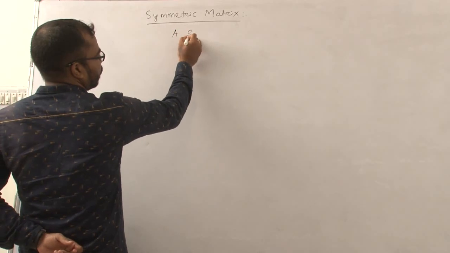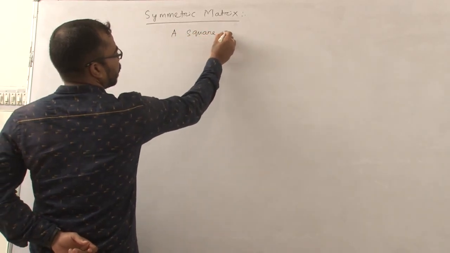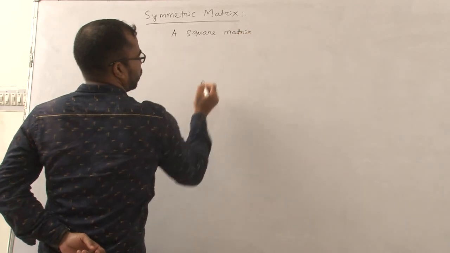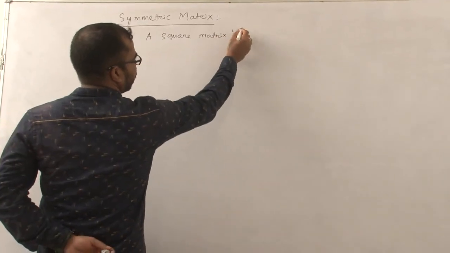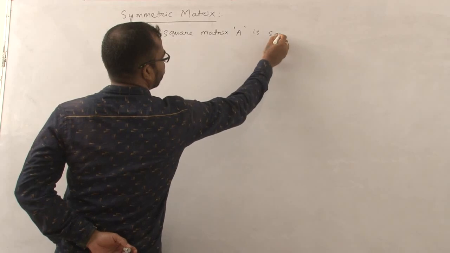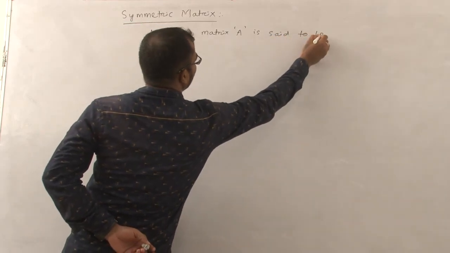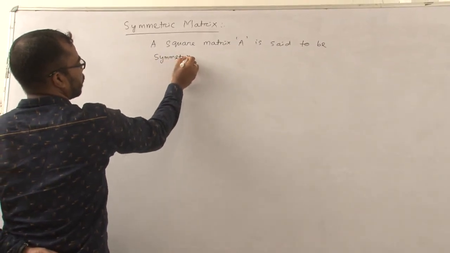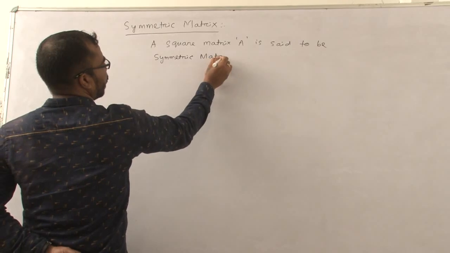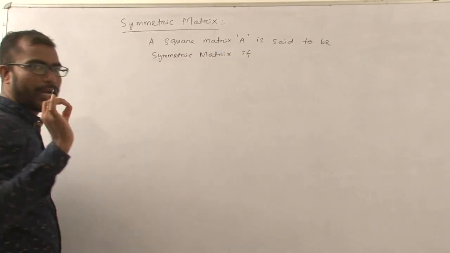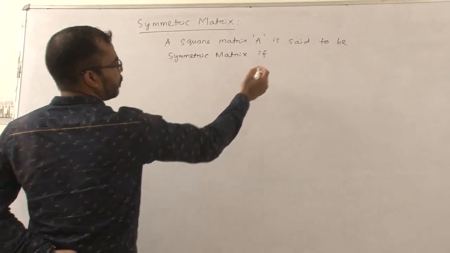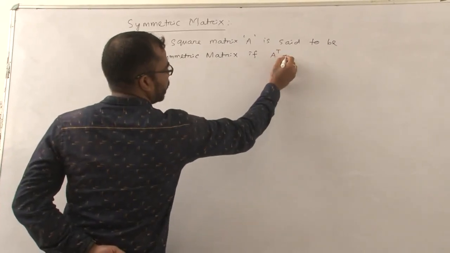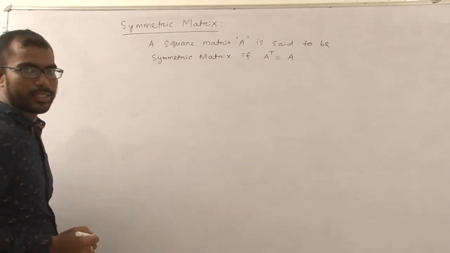So first we have to know what is a symmetric matrix. A square matrix A is said to be a symmetric matrix if it satisfies the condition: transpose of A is equal to the given matrix.